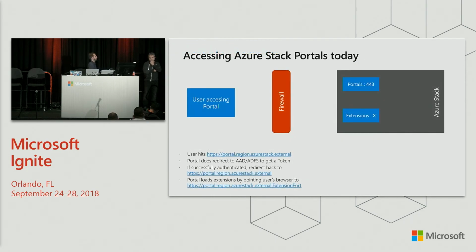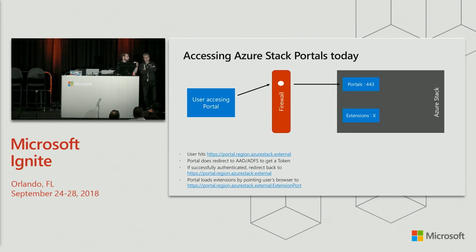Now let's take a look at how you access Azure Stack today. Fairly straightforward example. You open up the user portal, your request flows through a firewall, it hits the Azure portal. First, I want you to understand the Azure and Azure Stack portals both are based on the same framework, and that framework contains extensions.